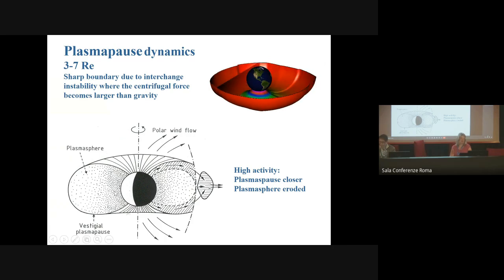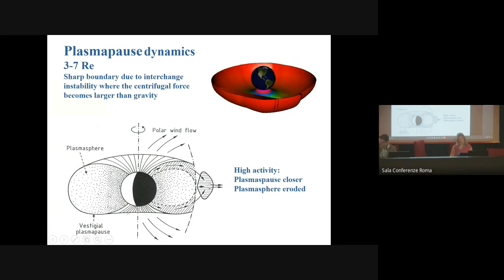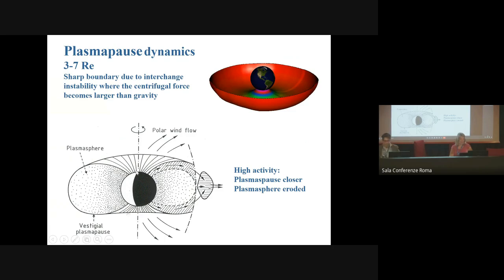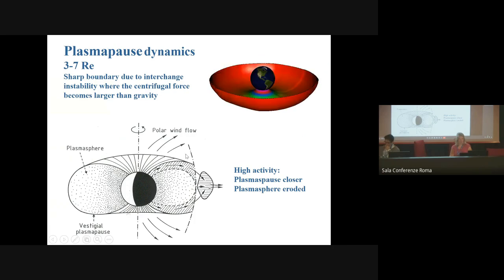This is, in fact, the region where the plasma is no longer in co-rotation with the Earth, because the plasmasphere is in co-rotation with the Earth, contrary to the rest of the magnetosphere. And thus, this plasmapause corresponds to the region where the centrifugal force becomes larger than the gravity.